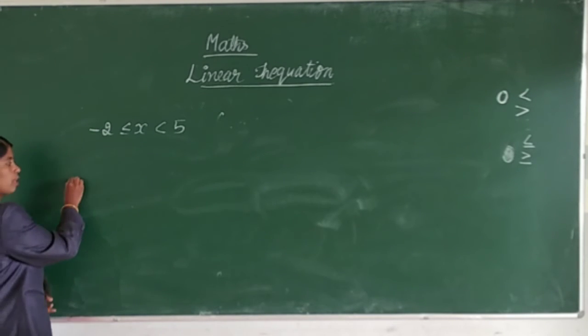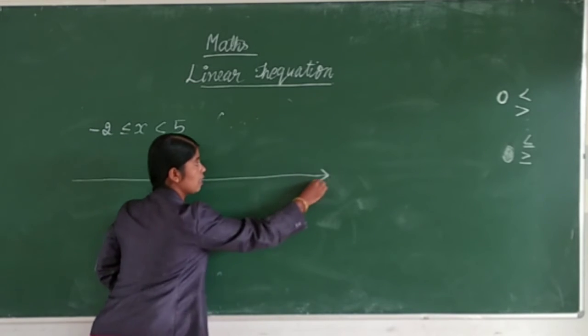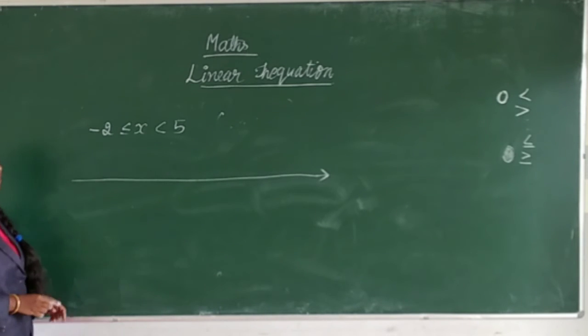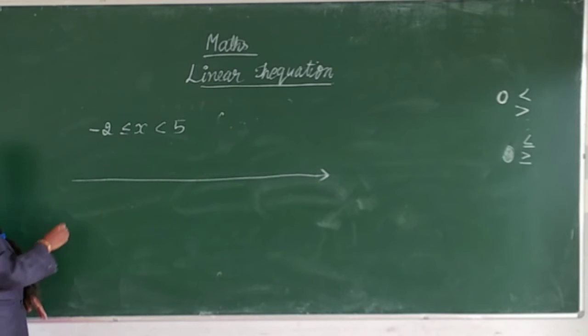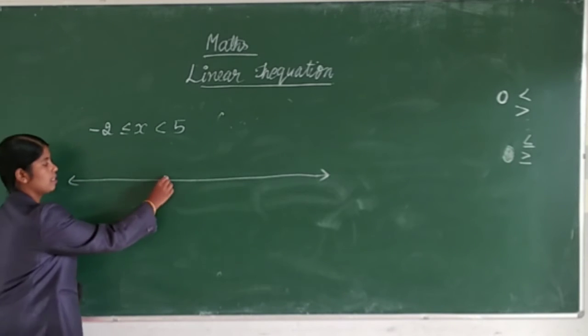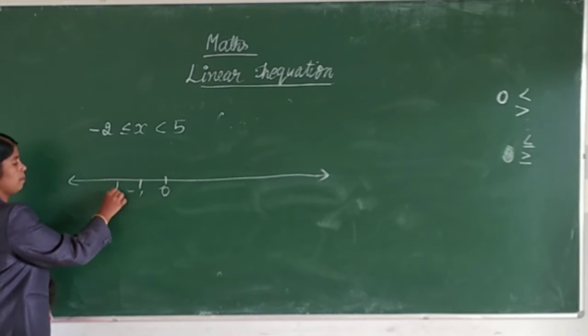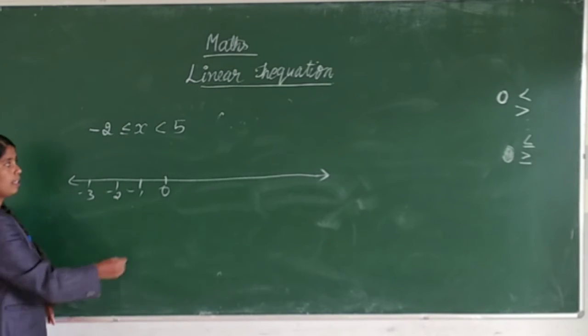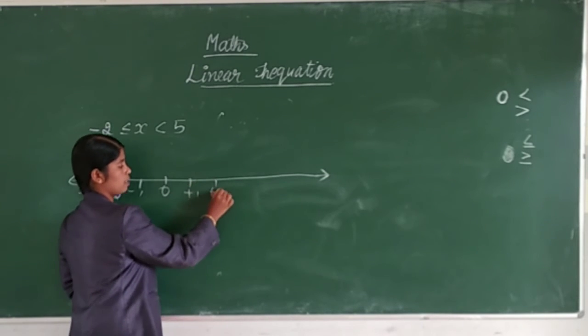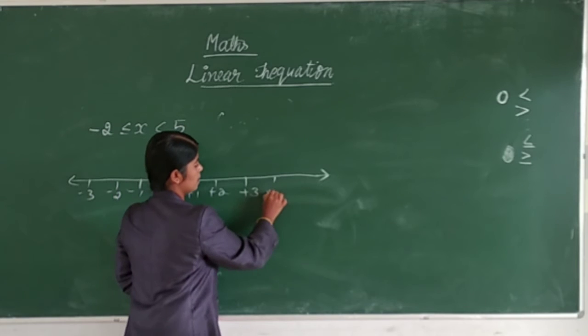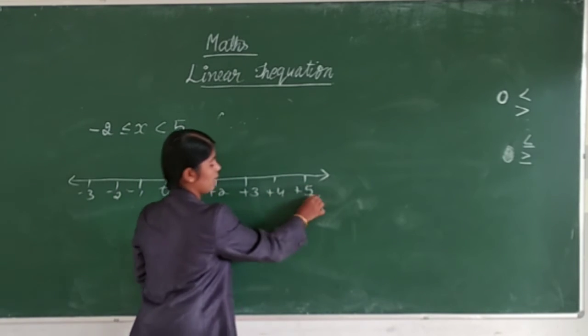So we only have to represent it on the number line. Positive numbers we should write till 5, negative numbers till minus 2. So here it is 0, minus 1, minus 2, minus 3. Here plus 1, plus 2, plus 3, plus 4, plus 5.